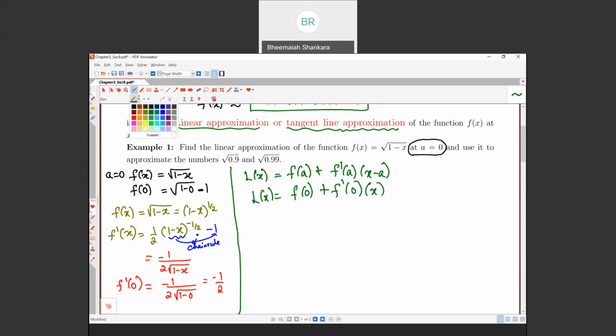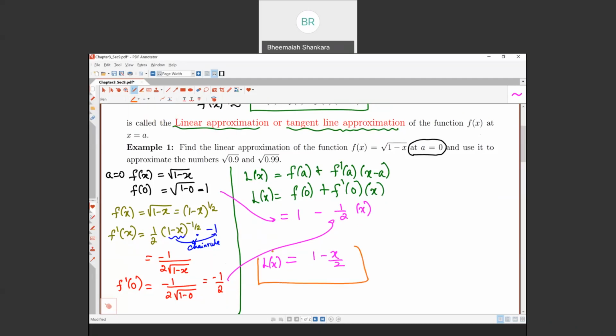Now we did calculate f of 0 here. F of 0 was 1, so let me plug in, and f prime of 0 as negative 1/2 times x. So you can rewrite this expression as 1 minus x over 2. So the linear approximation of the given function square root of 1 minus x is given by 1 minus x over 2.